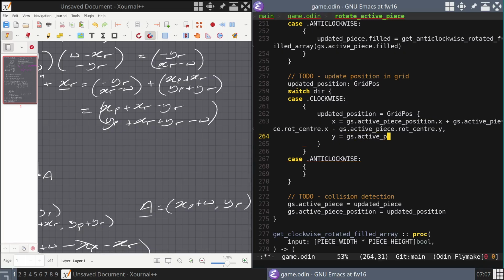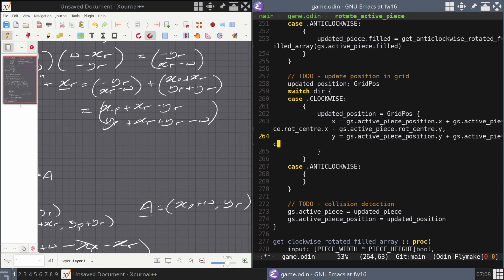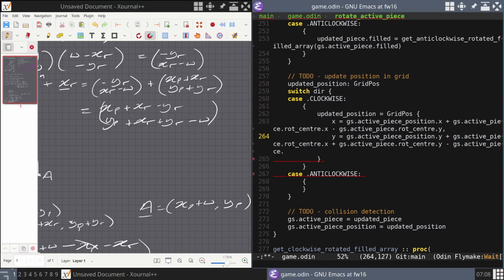Should be active piece position dot Y, YP, plus active piece dot rot center dot X plus active piece dot rot center dot Y minus game state active piece dot bounding dim dot width. So we just one shot it.